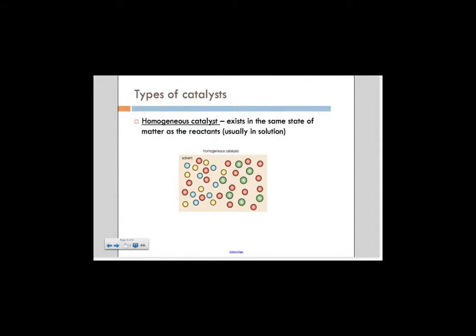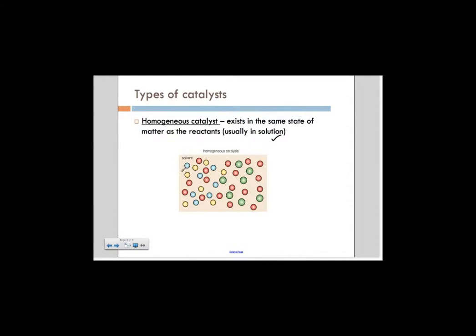Let's refresh your memory on the 2 different types of catalysts and how they differ. The first one is a homogeneous catalyst, a catalyst that exists in the same state of matter as the reactants. Usually this is in some kind of solution, so your reactants are usually going to be in some kind of aqueous solution.